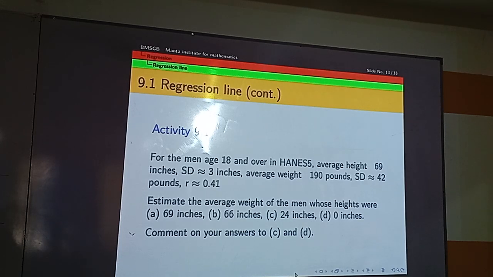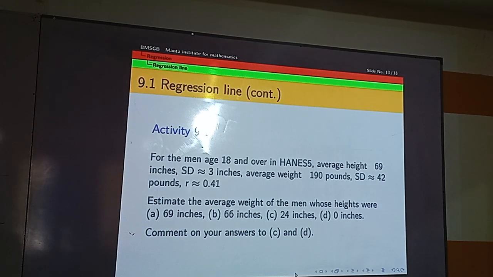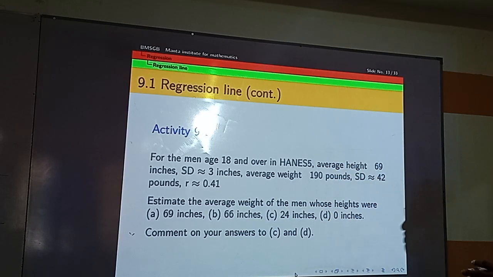So this is one standard deviation of X. What we are asking is, on average, what will be the weight of these people? They will be, on average, R times SD of Y below 190. So 190 minus R times SD of Y. R is equal to 0.41 and SD of Y is 42.